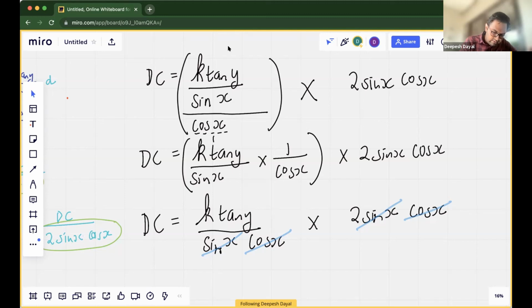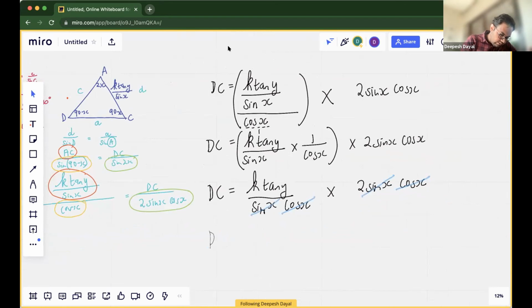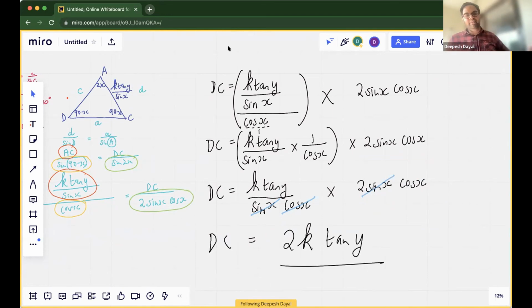So we cancel everything and we got DC equals 2k, because we're left with the 2 there, tan y. And we've been able to prove it now because that was what we were required to prove.